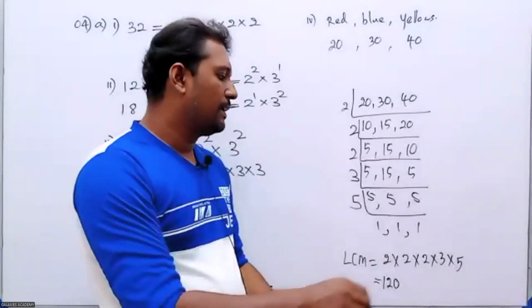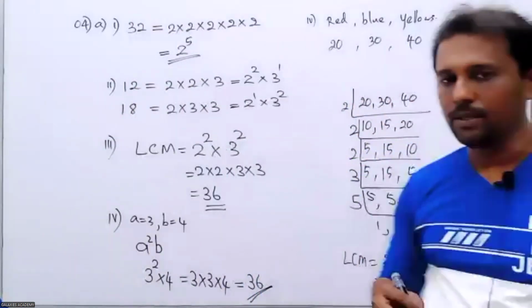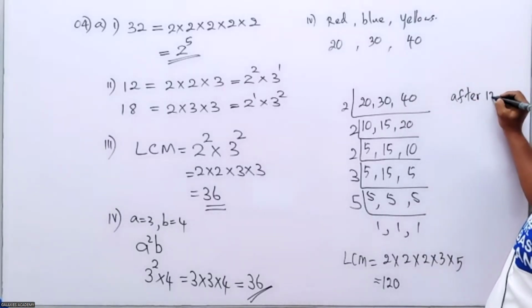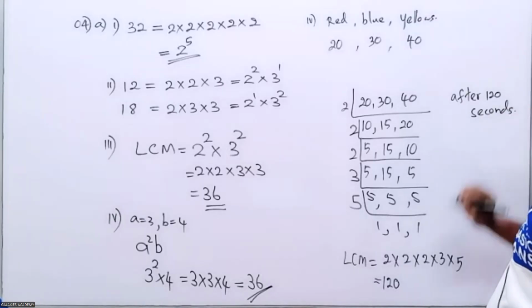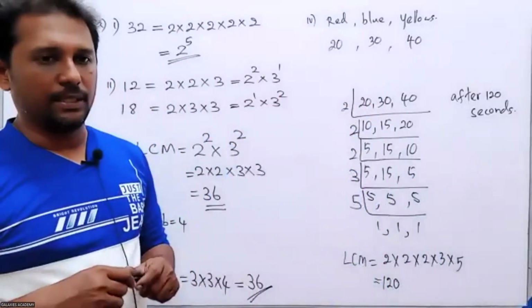So you can write after 120 seconds, because the LCM is 120. You can write as the answer after 120 seconds. It is the fourth question.